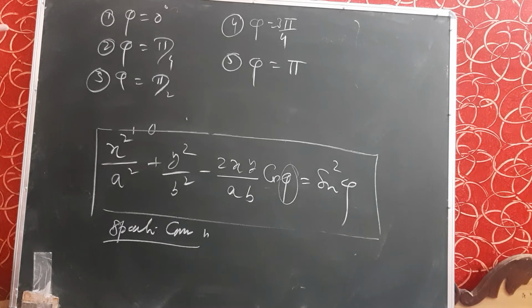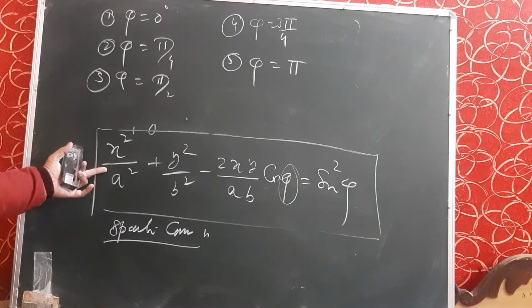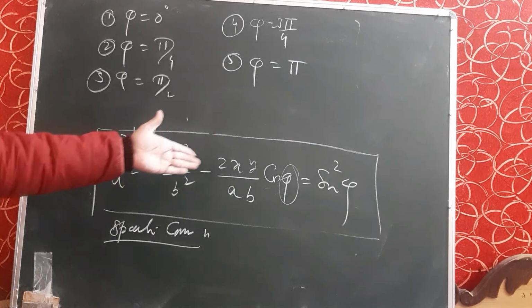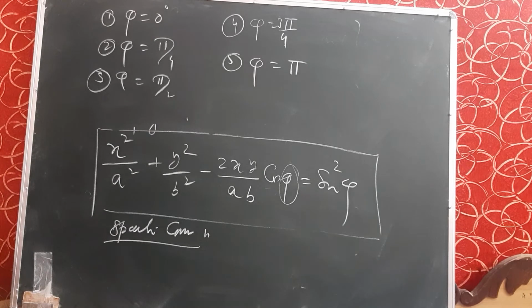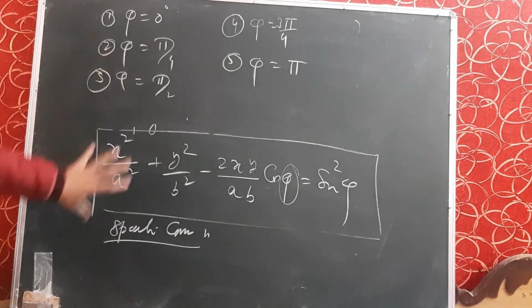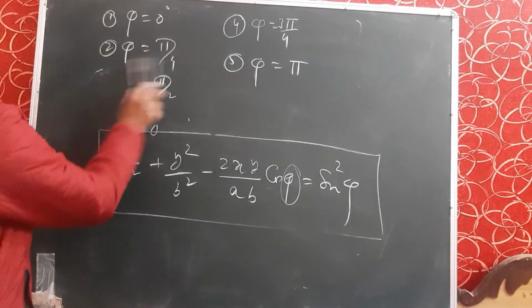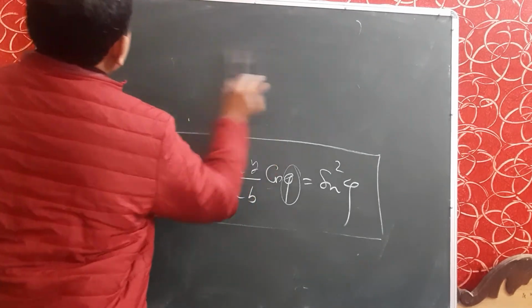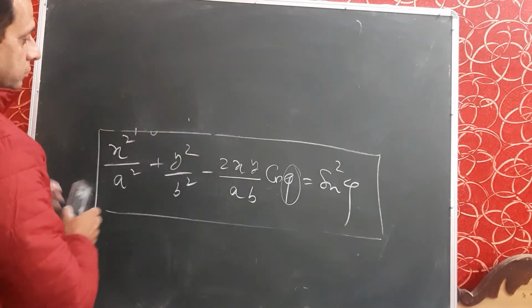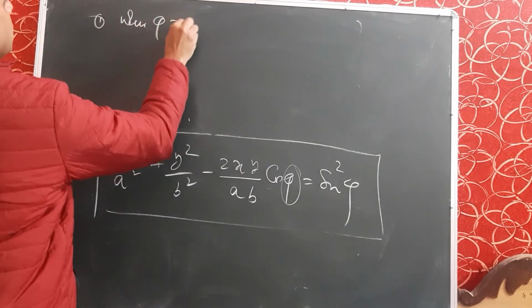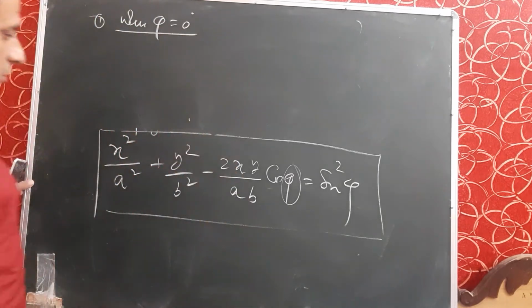So, in this article we will use these 5 different values of phi and find the resultant equation. So, you will get 5 different answers. The first case, when phi is equal to 0 degree.